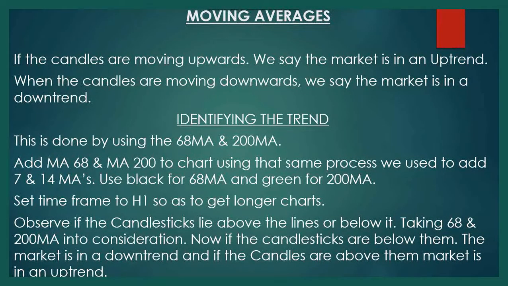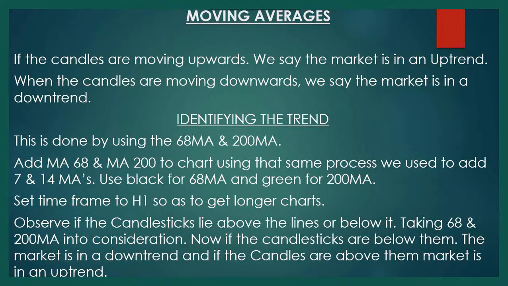Add MA 68 and MA 200 to your chart using that same process we used to add 7 and 14 MAs. Use black for 68 MA and green for 200 MA. Set time frame to 1 hour so as to get a longer chart.